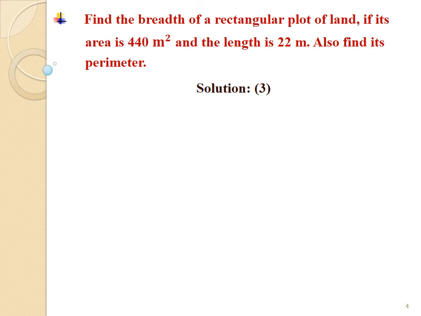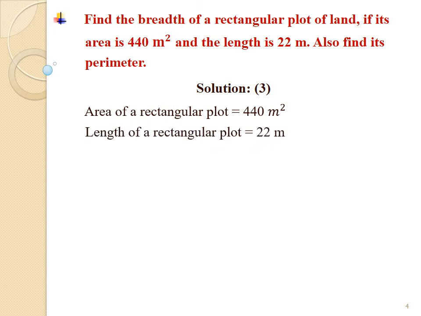So, let us find the breadth and perimeter of a rectangular plot and solve. Question number 3. Area of a rectangular plot of land is given 440 square meters. Length of a rectangular plot is given 22 meters. Therefore, breadth of a rectangular plot equals to how much? And perimeter of a rectangular plot equals to how much?